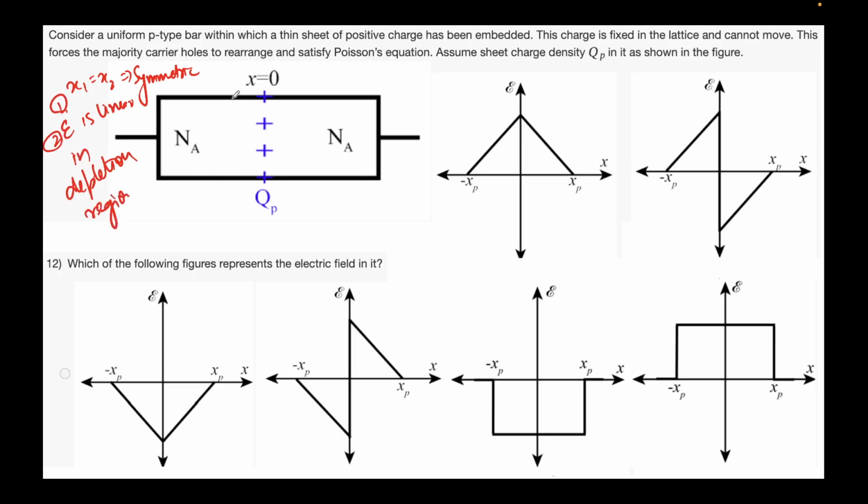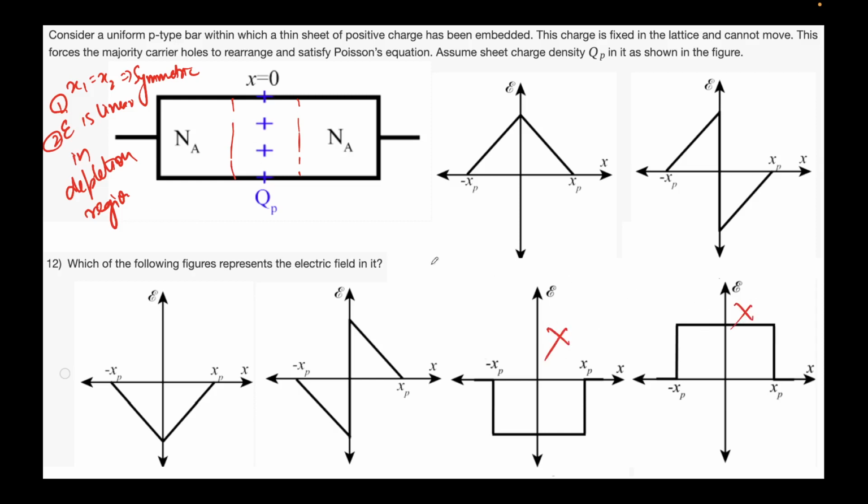Where is the depletion region? Here is the depletion region. So x1 equals x2 looks true in all the graphs, because this is minus xp, this is xp. So this is satisfied. E is linear in the depletion region, so E has to be linear on this side as well as this side. So this is incorrect, this is also incorrect.